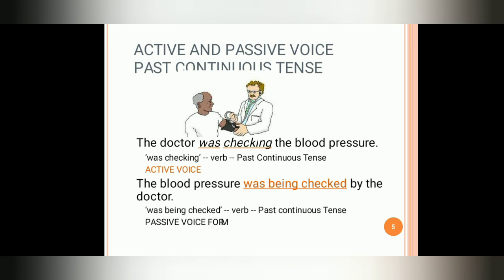So now let's see how to make sentences of active or passive voice using the past perfect tense.